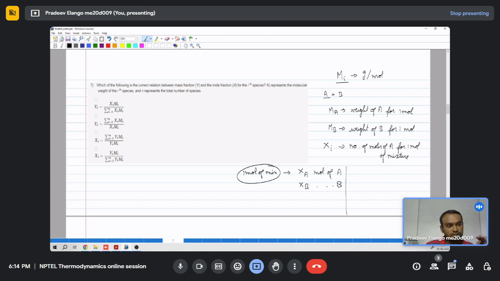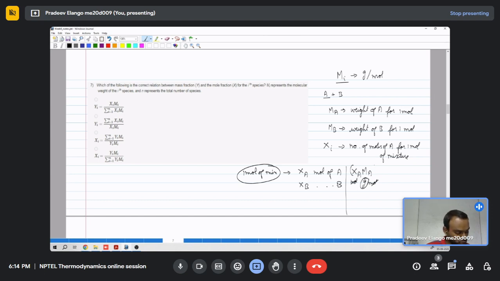Now if you want to calculate the mass of the gas A in this 1 mole of mixture, then what do we do? We will multiply xa into MA. So this is moles, and this is in gram per mole, and mole gets cancelled, and then finally we will have grams.